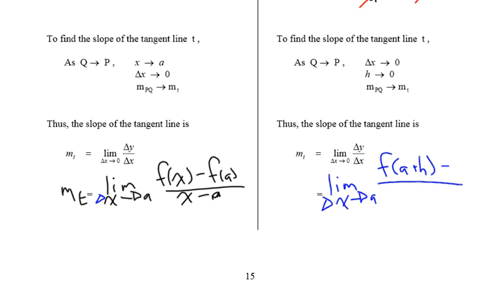The change of x approaches 0. Thank you. Change of x approaches 0, and over h. Okay. So there are these two methods to find the slope of a point using limits.